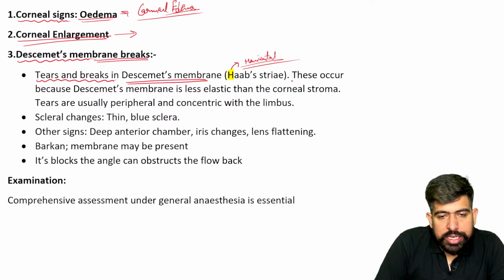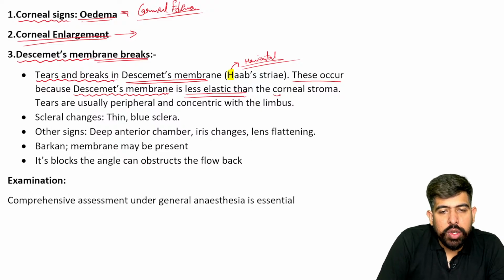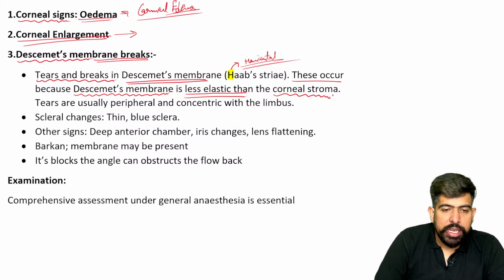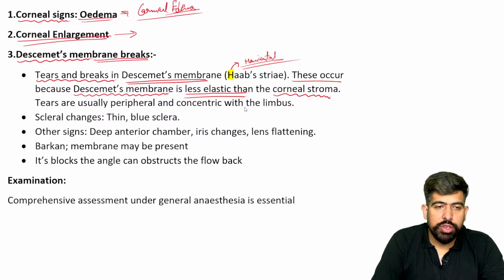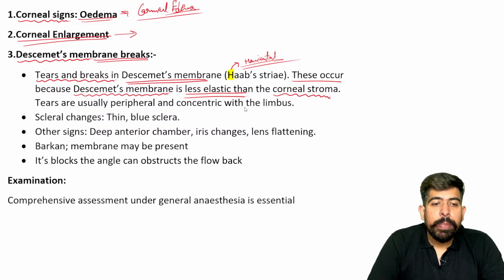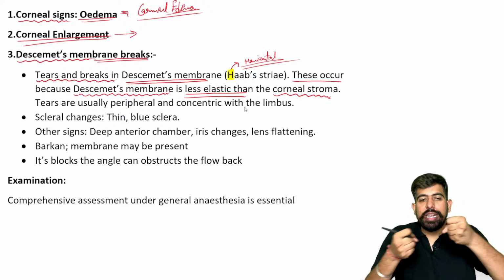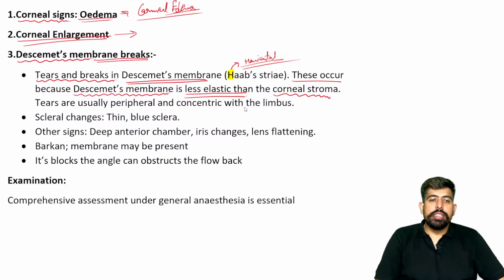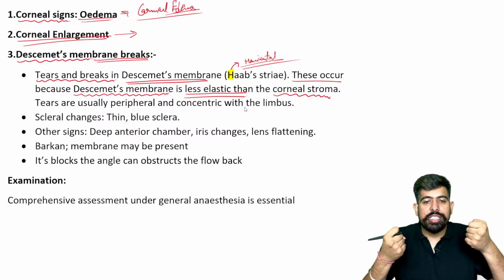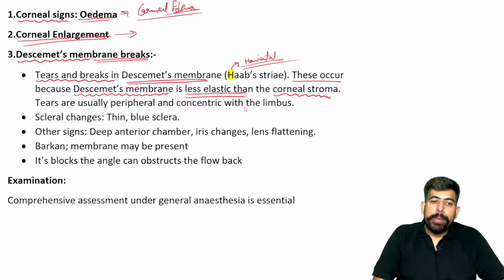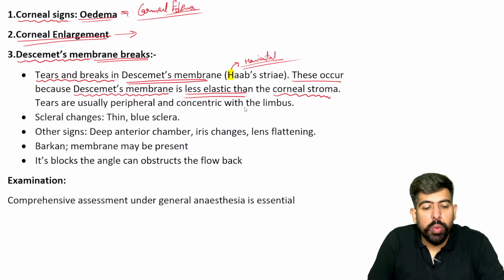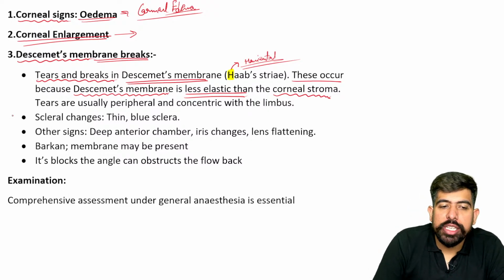And please remember, these occur because the Descemet membrane is less elastic than the corneal stroma, because the stroma is very thick and big, so it has elasticity, but the Descemet membrane is non-elastic, not so elastic. So that is why it gets stretch marks, or we can say striae marks, or if there is more stretching, there can be a breakage or tear.